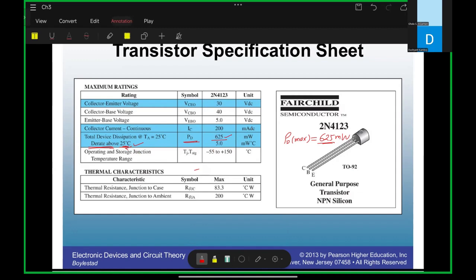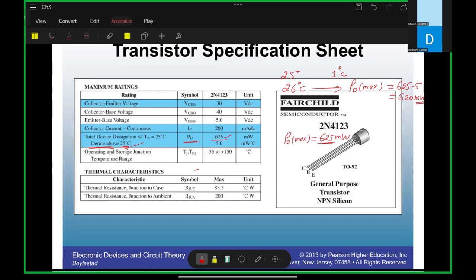This power rating of the transistor will decrease with increasing temperature. If you increase the temperature by 1 degree above 25, if it reaches 26 degrees, then its power rating will decrease to 625 minus 5, that is 620 milliwatt. Understood?